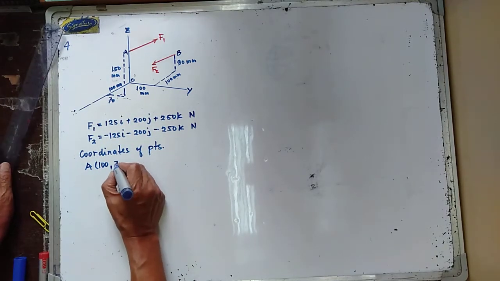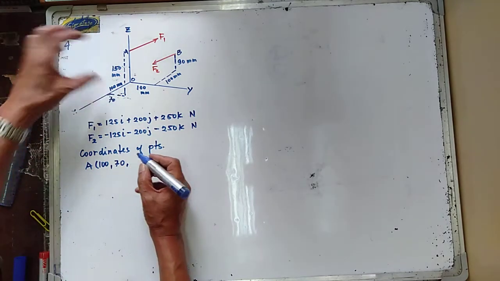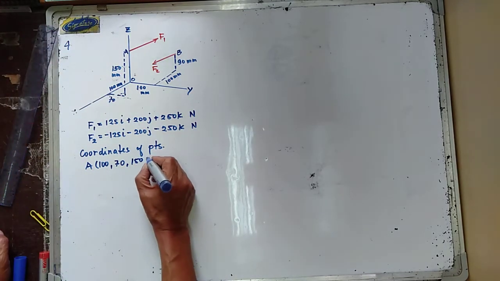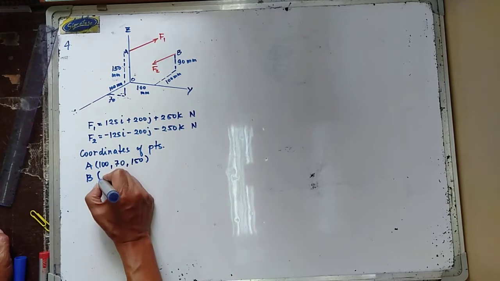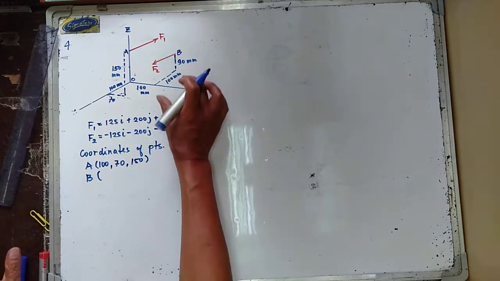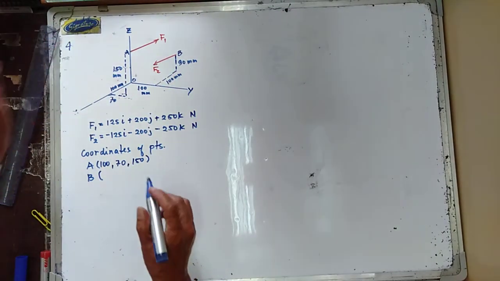So y is 70 mm, and your z is 150 mm. For point B, your x is minus 100, so it is back of the origin.